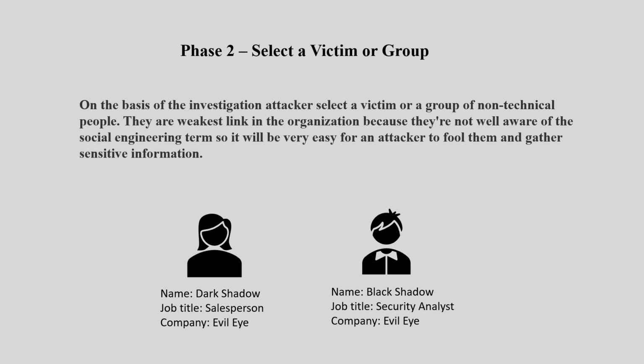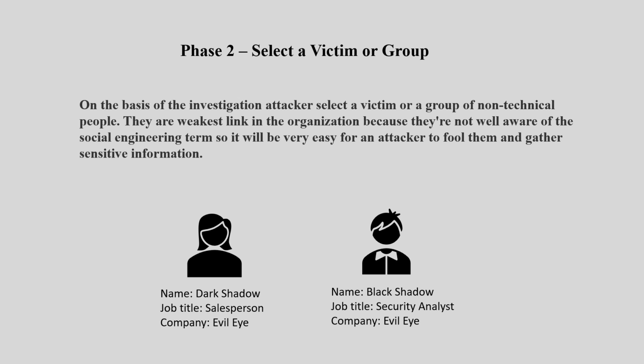If I am attacking Evil Eye, what is the weakest link? We will select the non-technical people, right? In this case, Dark Shadow is the weakest link in an organization because she doesn't know anything about social engineering, because she doesn't have a technical background, right?